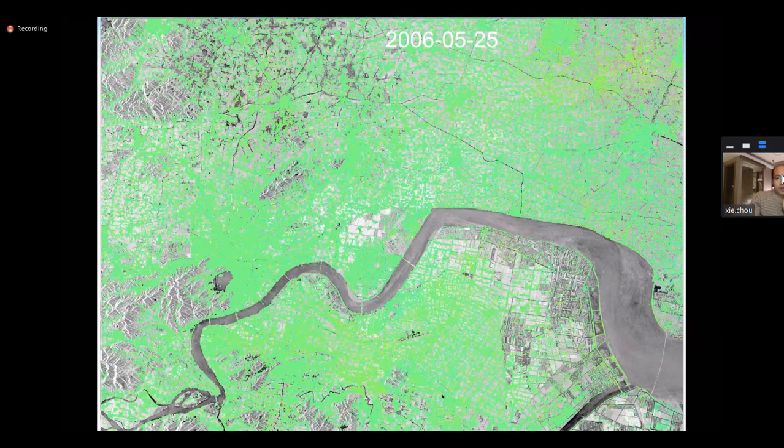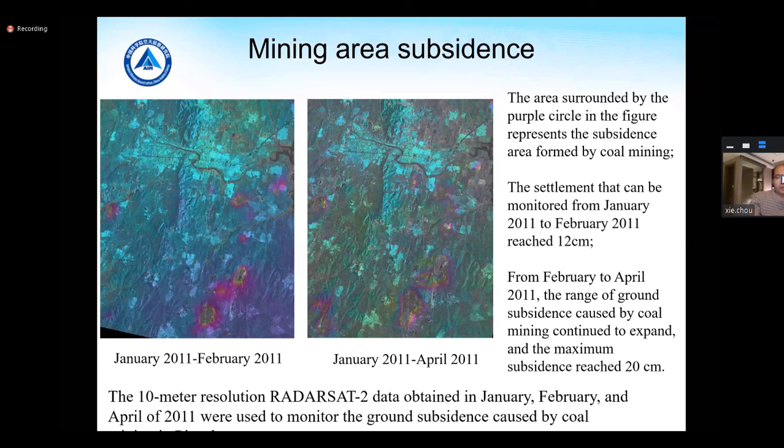Here is the time series information, and this can also be used to detect mine subsidence.